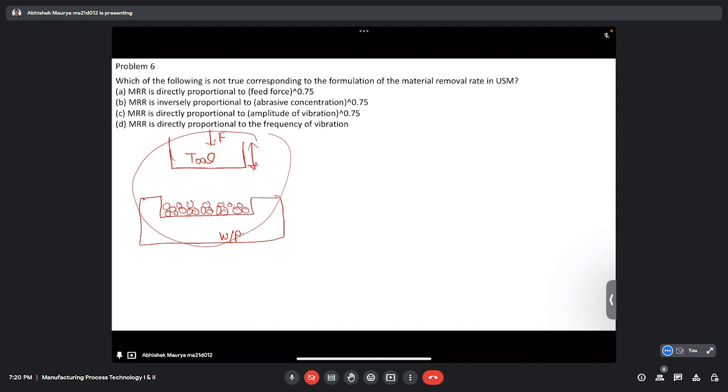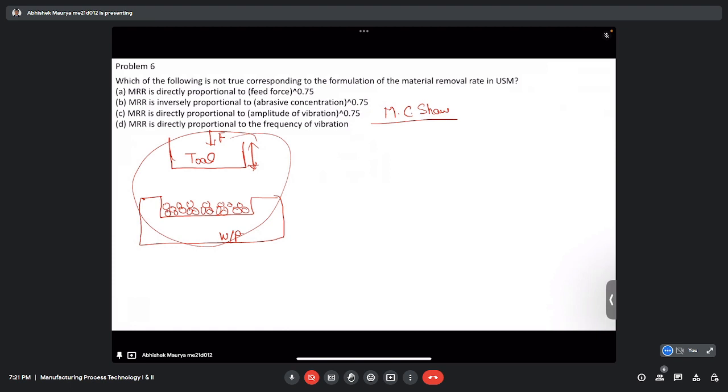Now this is not a very simple process, it is a little complex process. And McSaw was a scientist who gave a mathematical model for the material removal in the case of ultrasonic machining.